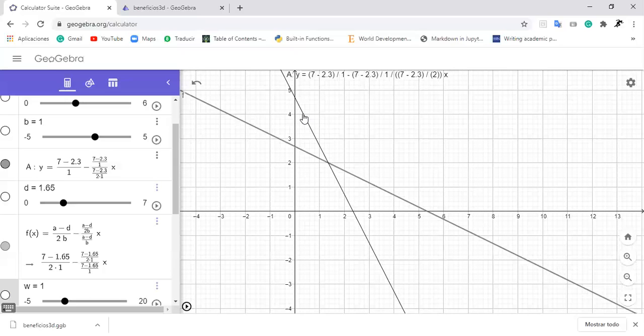Okay, so we have only one point where the two lines cross each other, which is this point. It's a common point between the two reaction functions, and at this point both firms are maximizing their profits. So this is going to be the Nash equilibrium. Remember what a Nash equilibrium is: a combination of strategies where no player has incentives to implement another strategy.